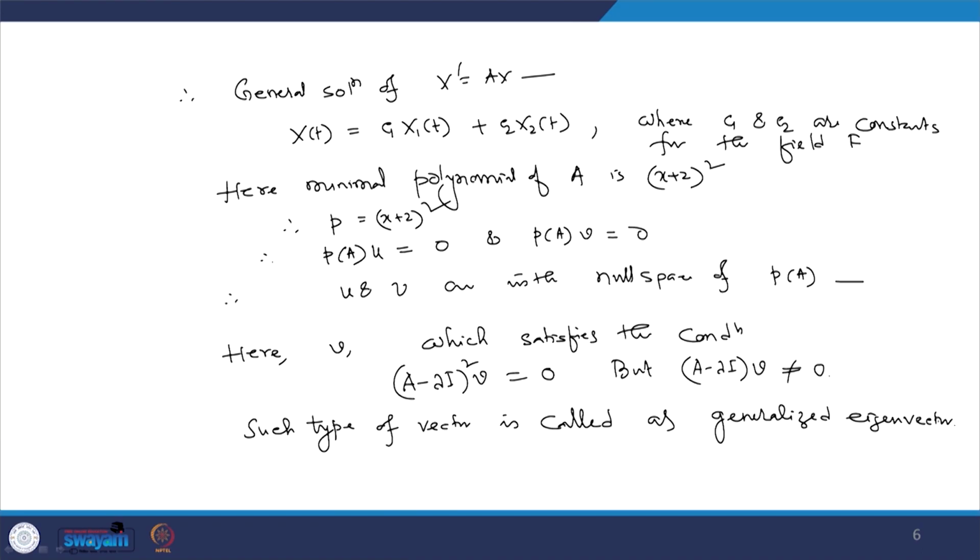So let me define what a generalized eigenvector is.